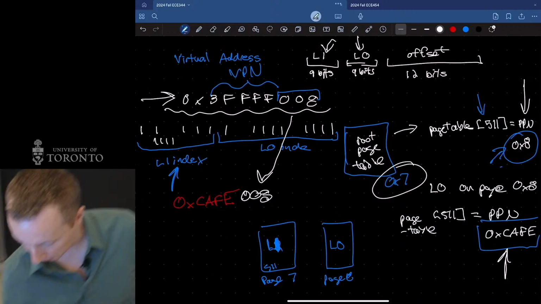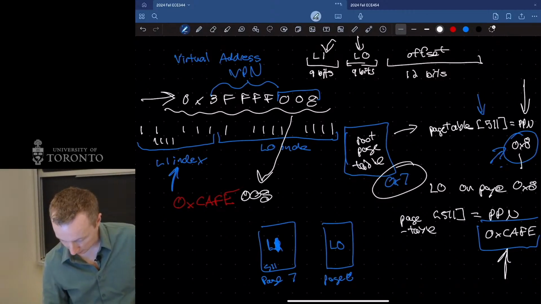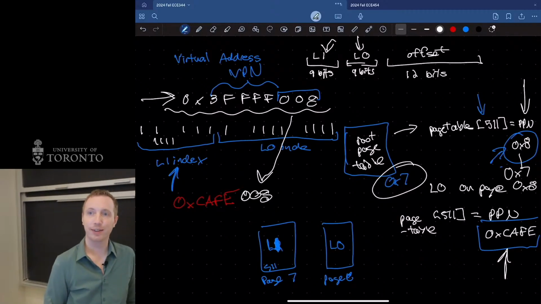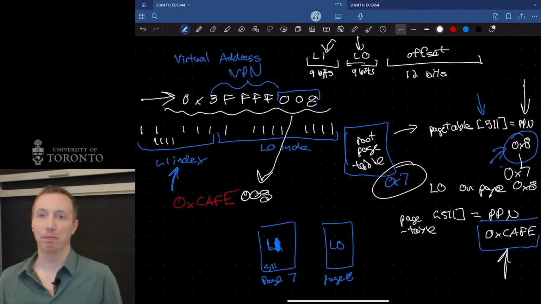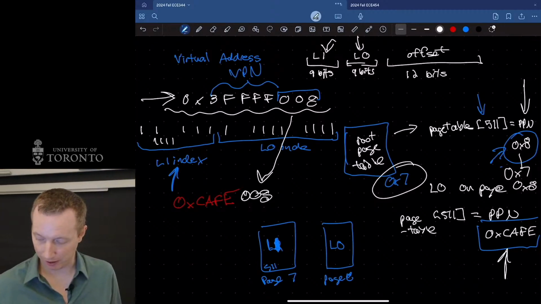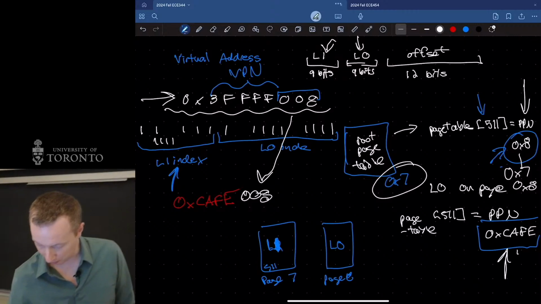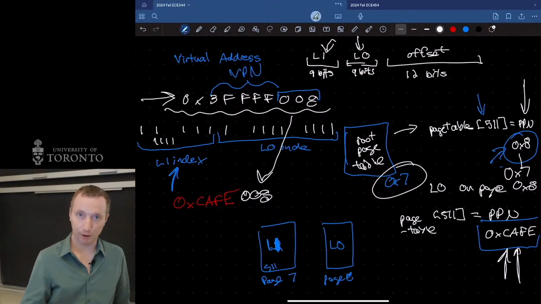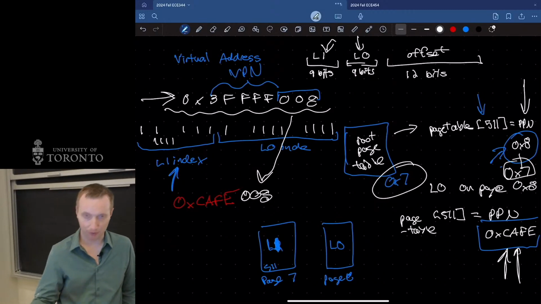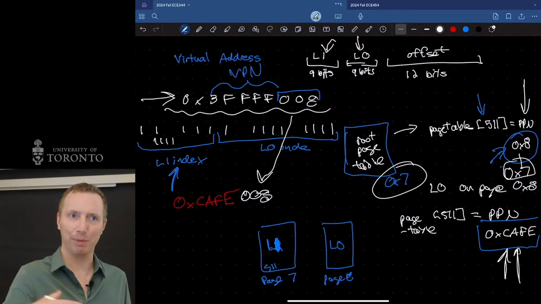Because I could change it so that this entry, say I did something silly, pointed to itself. If I made it point to itself or something weird, then my final translation will not be this. I'll have to go through the procedure. So this would tell me where the L0 page table is, and it turns out to be itself.